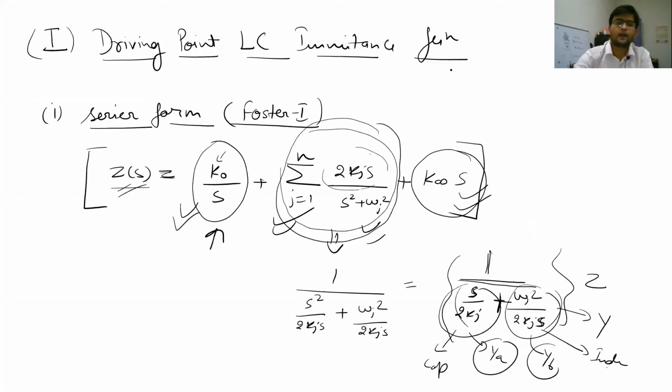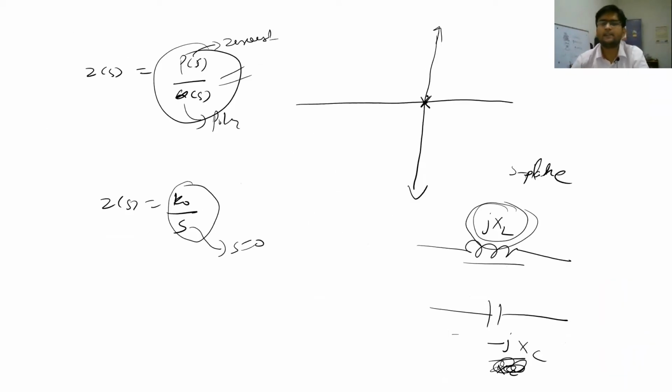Now if you see this component, K infinite into S, what does it represent? Since the denominator is 1, this is a zero, and that also lies on the origin, which is on the j omega axis. So this still holds.